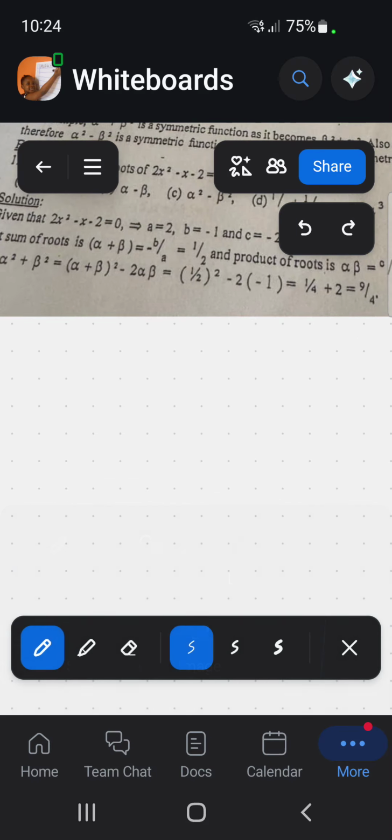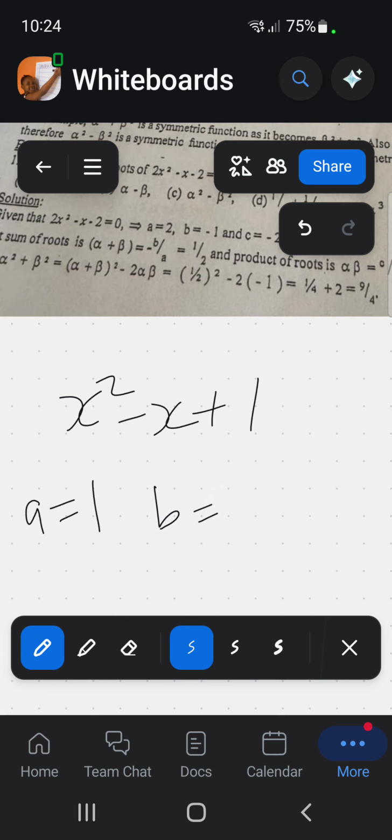Remember that a quadratic equation is always written in the form ax squared plus bx plus c. Here a is 1 because you don't have anything in front of x squared. Then b is negative 1, since there is nothing in front of that x. And c is the constant, c is 1.